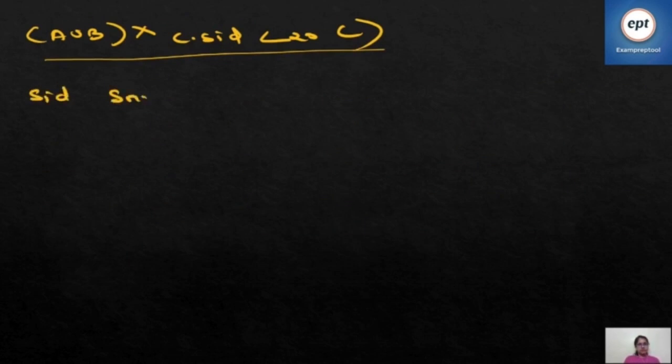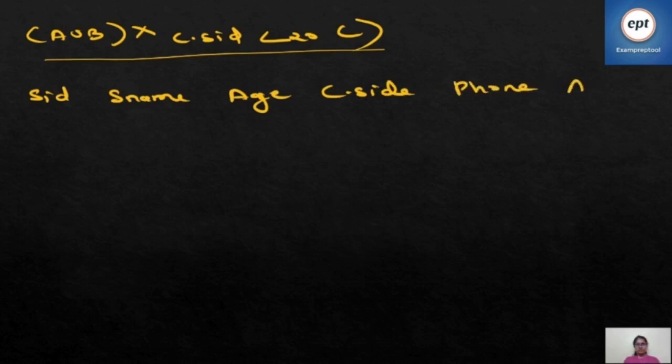We have to do cross product with every one of these, and SID will be 10. So from this we will get the table with SID, S name, age, then C dot SID, phone and area. Now we want smaller than 20, so we have only 10. So we will write 1, 2, 3, 4.